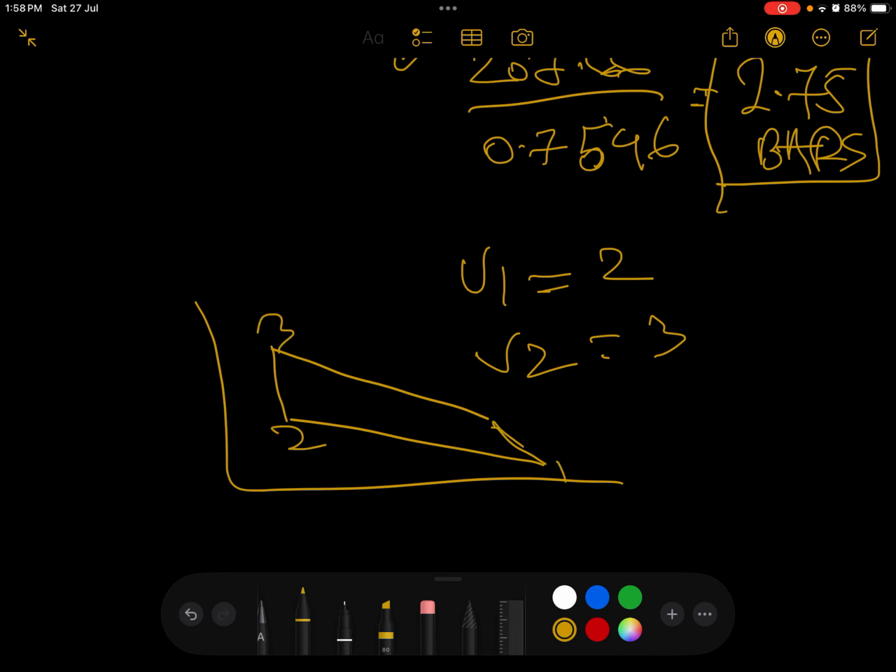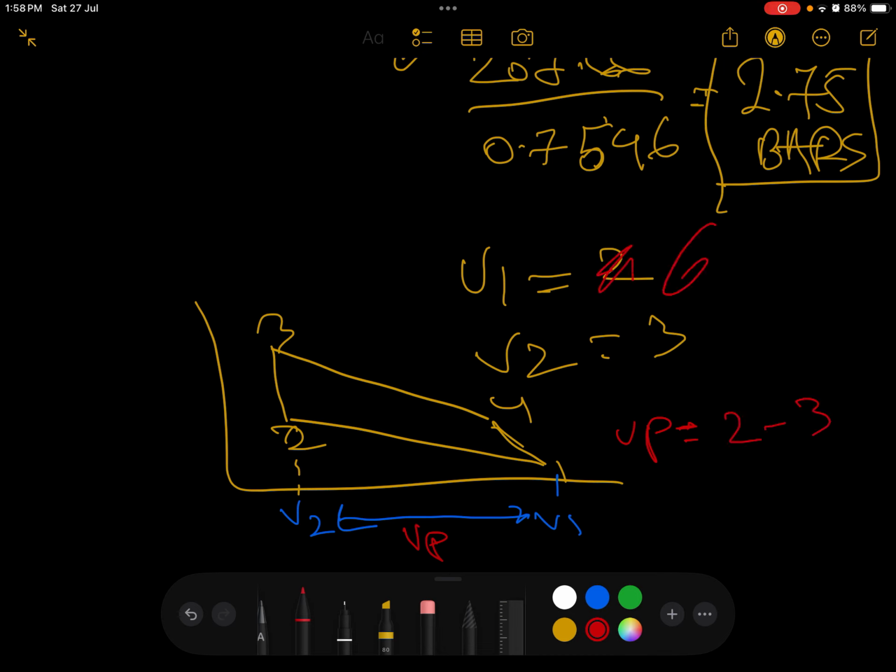That's 1, that's 2, that's 3, and that's 4. This is V2 and this is V1, and this is the VP, the stroke volume. So VP equals V1 minus V2. It's going to be negative, but for the sake of argument, let's say V1 is 6. So it's going to be 6 minus 3. So the stroke volume equals 3. So that's how it works.